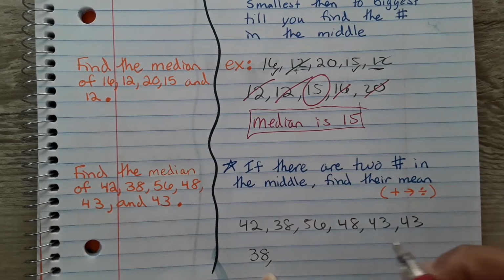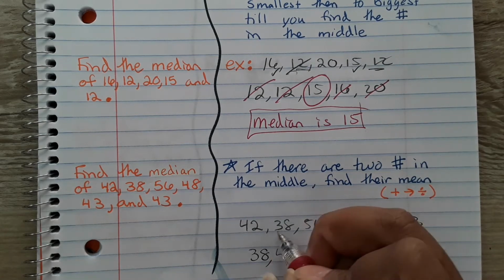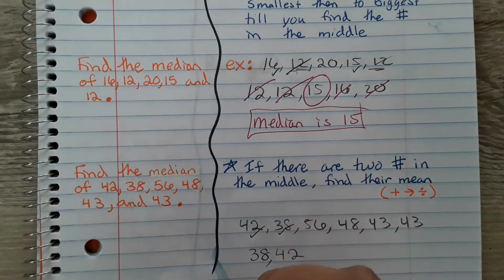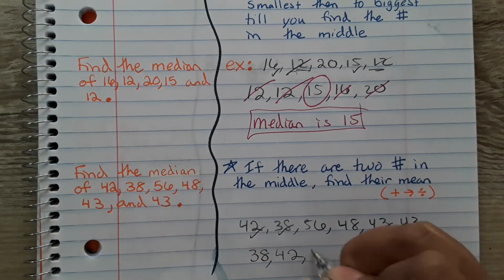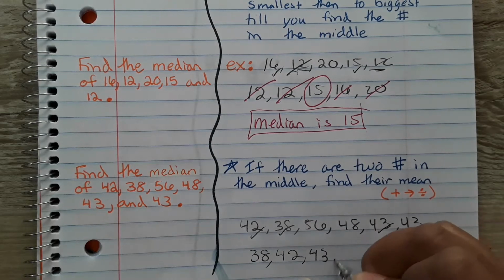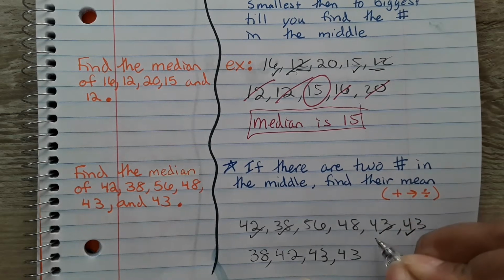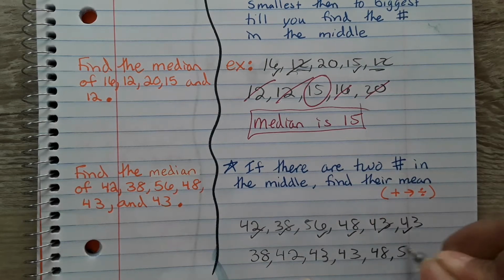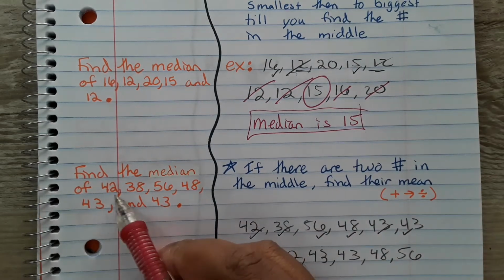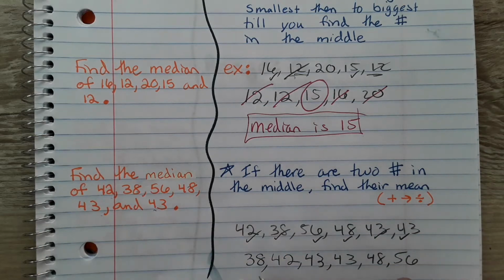Followed by, looks like 42. I'm going to check these off so I don't repeat them. 43. Then I have 43 again. Followed by 48. And then 56. So I had, let's see, 1, 2, 3, 4, 5, 6 numbers to start, and I have 1, 2, 3, 4, 5, 6, perfect, ordered from least to greatest.